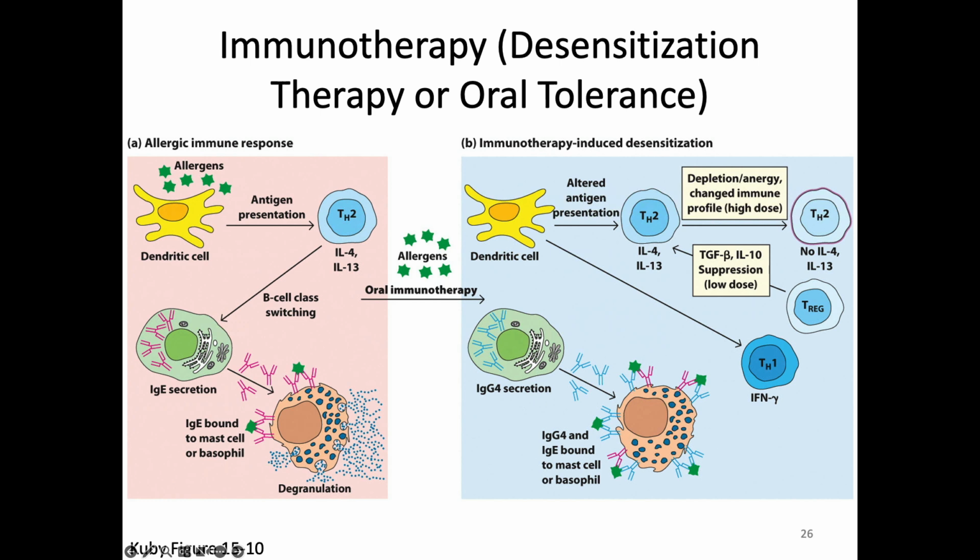Sometimes this will even happen, sometimes there will also be cases where we will inject very small amounts of allergen for patients and keep increasing the amount with the idea of basically trying to exhaust the T cells and trying to desensitize the cells.